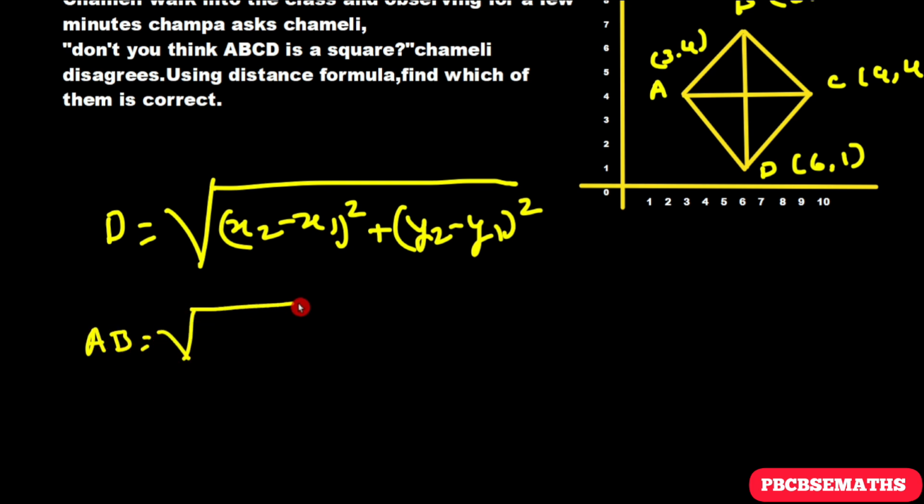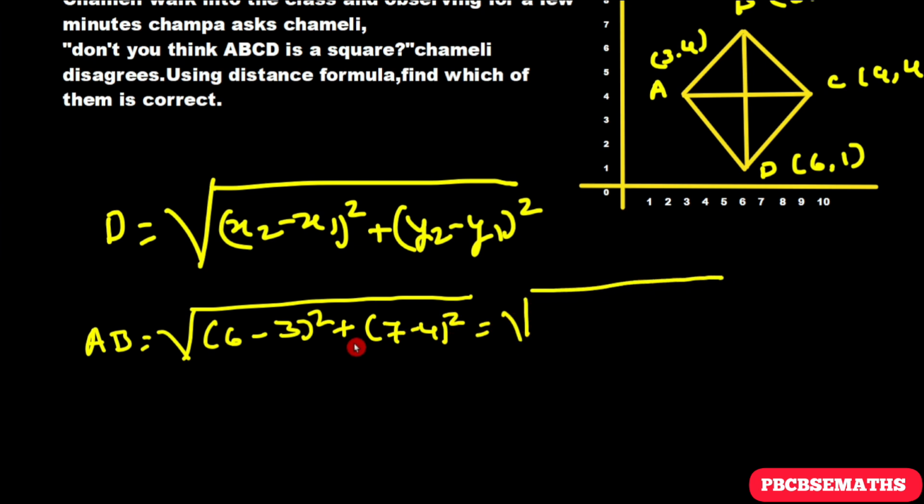AB is equal to the square root of, considering the coordinates of A as x1, y1 and the coordinates of B as x2, y2, (6 minus 3) whole square plus (7 minus 4) whole square, which gives us square root of 3 square plus 3 square, which is equal to square root of 9 plus 9.